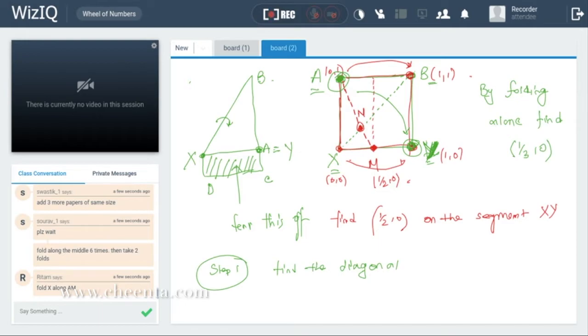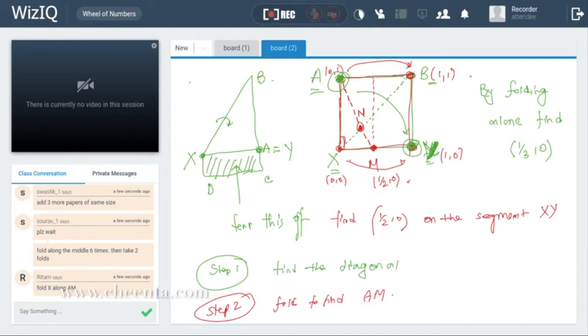Remember, this is step 2, fold to find AM. So when we are folding along squares, we basically get a right angle for free, right?